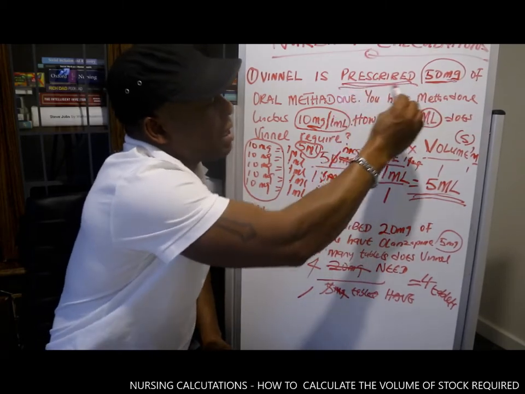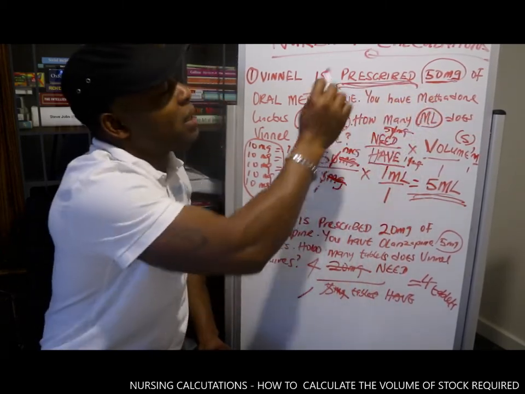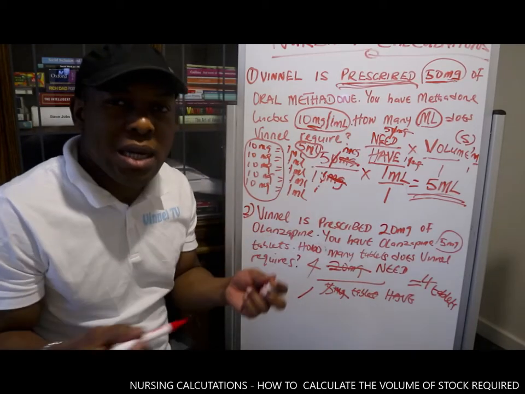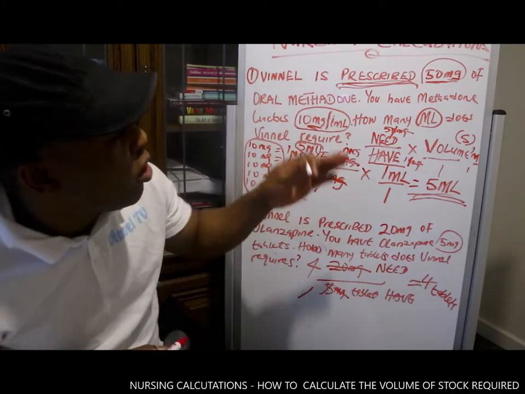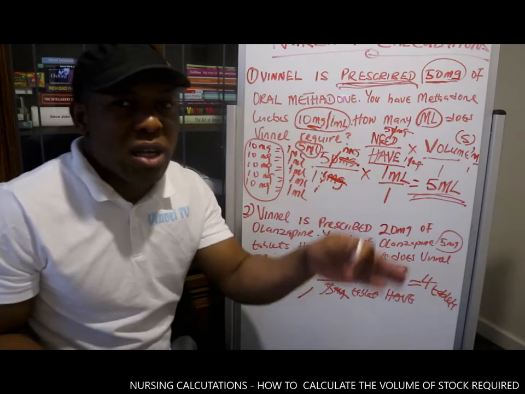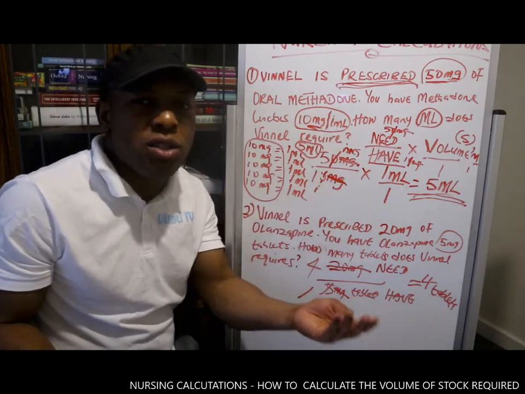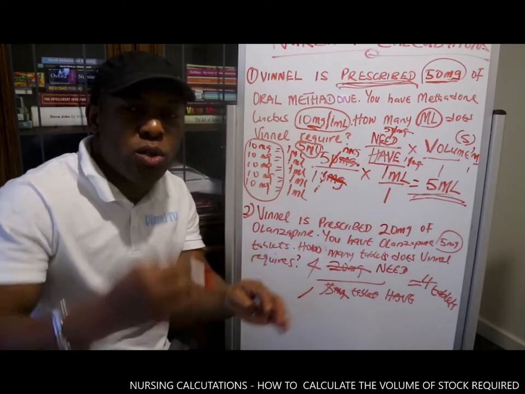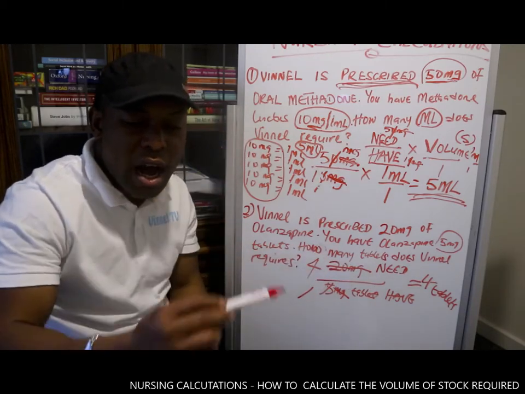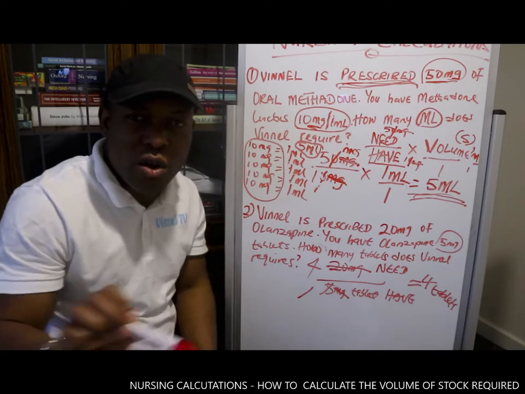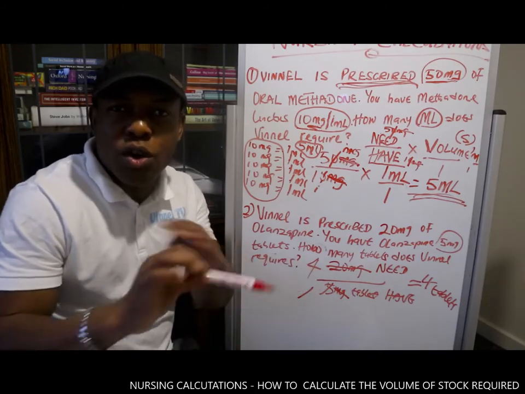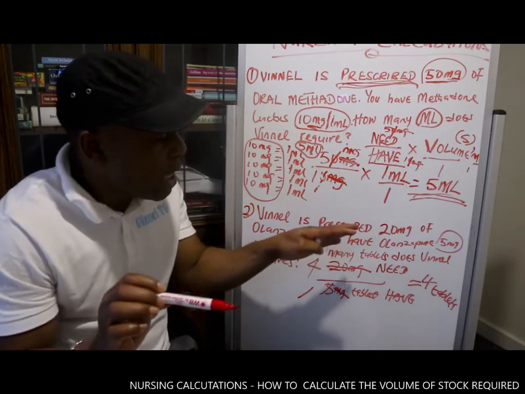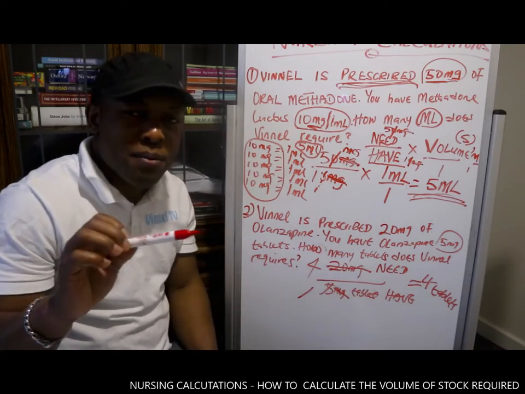That person needs it, or requires it. They can change the wording, but understand that when they say Joe Block or Vener is prescribed, it means something that that person needs. So you need to use this formula, need over have, at the bottom. The need will be at the top, the have will be what you have in stock, in your unit or in your ward, at the bottom, and do the calculation.